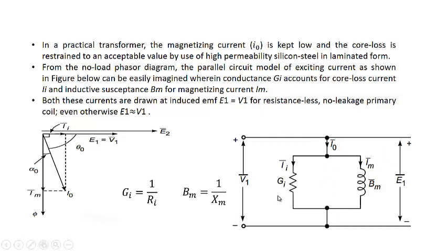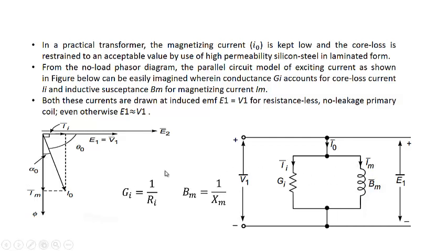You can see that this Ii will be in phase with V1 because Ii will be the resistive component. It will be as if drawn by some resistance, so Ii will be shown flowing through the resistance. We are modeling this Ii by a resistance because it is in phase with V1. Similarly, this Im we are modeling by a reactance because this reactance will be drawing current which is lagging the voltage by 90 degrees.